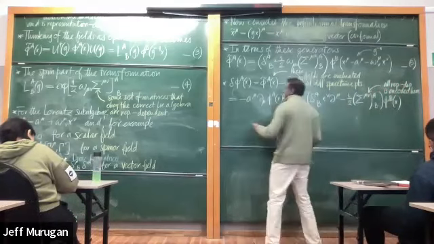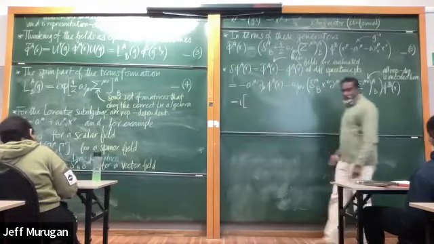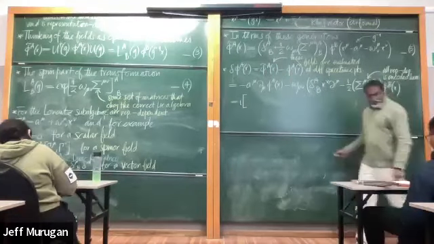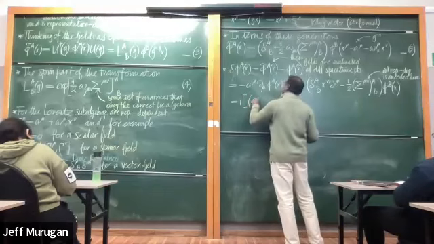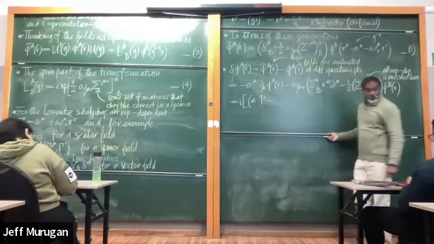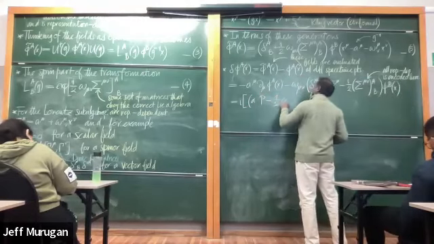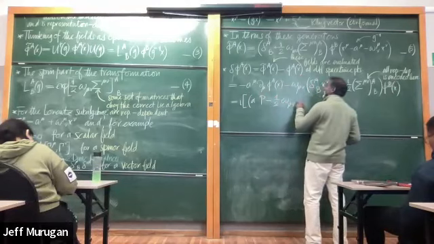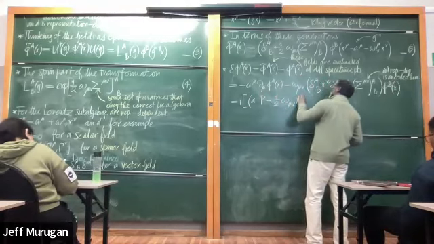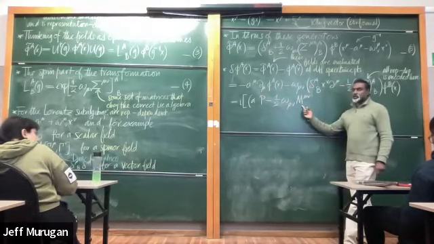But this must be i times the commutator of a dot P, P being the momentum generator, minus half omega mu nu M mu nu, acting on phi A. This M mu nu is a generator of Lorentz boosts and rotations.